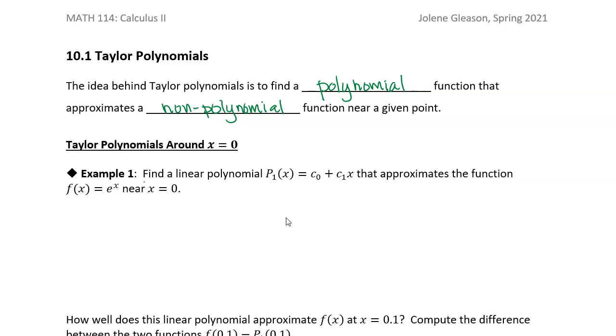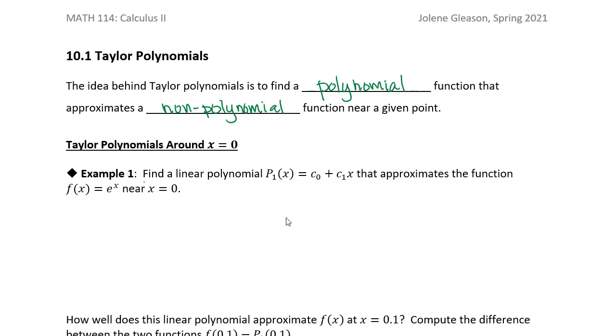You won't derive the coefficients every time because you have a formula for the coefficients. But I want to make sure you understand that there is nothing magical about Taylor polynomials. All we're doing is trying to match the derivatives, right? We're trying to find coefficients for a polynomial that match the derivatives of another function.